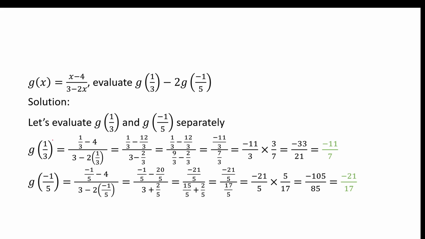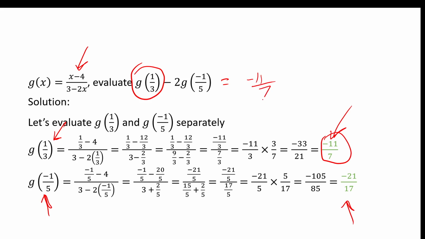I won't go through them step by step, but plugging in x value of 1/3 to this expression gives us ultimately an answer of -11/7 by using disciplined fraction steps. And plugging in x value of -1/5 to that same expression ultimately leads to a value of -21/17. So since g at 1/3 is equal to -11/7, I can just plug that in.